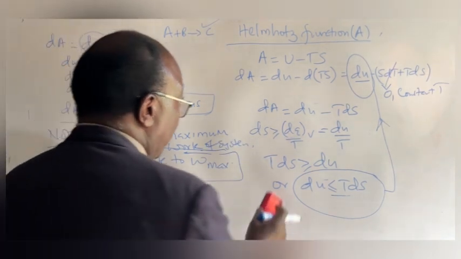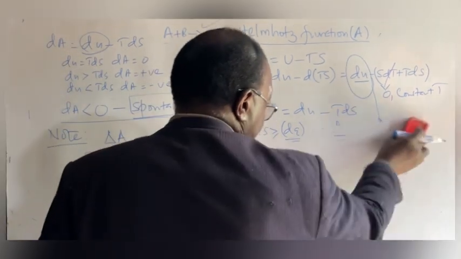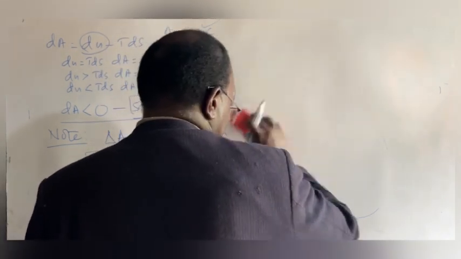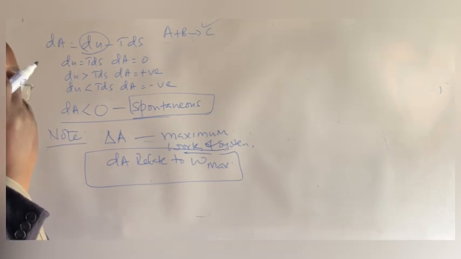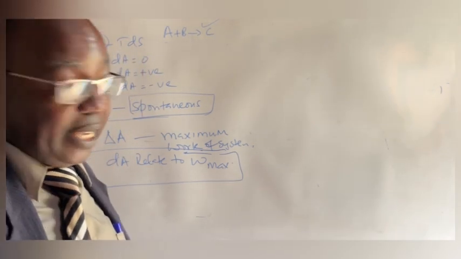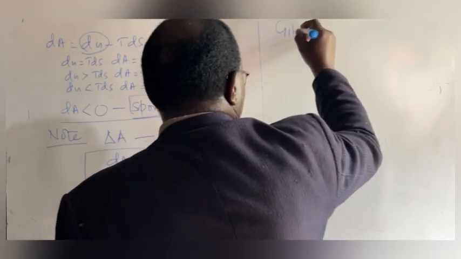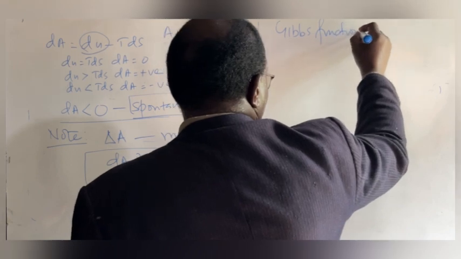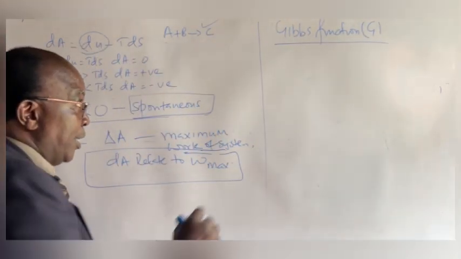Then the other function which is related to entropy, which you want to delve into, is the Gibbs free energy, which is very important. When you look at the lectures you have had, you see that the stability of phases was dependent on the chemical potentials, and chemical potential is the change in the Gibbs free energy. Now, the Gibbs function is denoted as G, and this G is related to entropy.